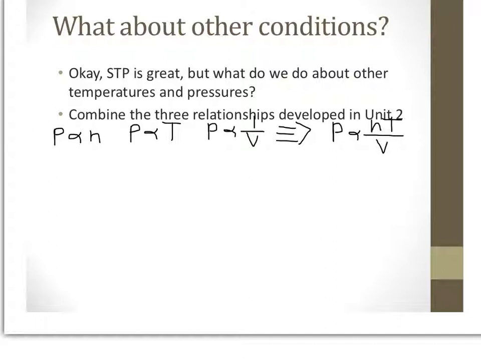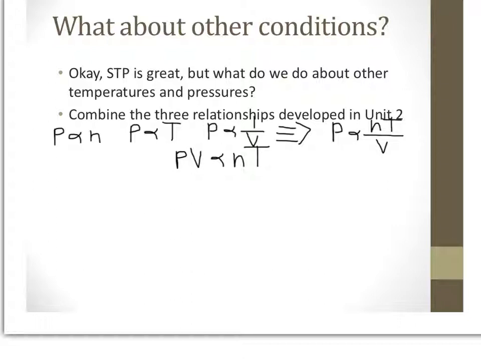We want to get an equation out of this, so I'm going to rearrange it a little bit. Pressure times volume is proportional to number of particles times temperature. And this little symbol here that I've been using is called a proportionality symbol. It's the Greek letter alpha, and what it's saying is that we're missing some constant.